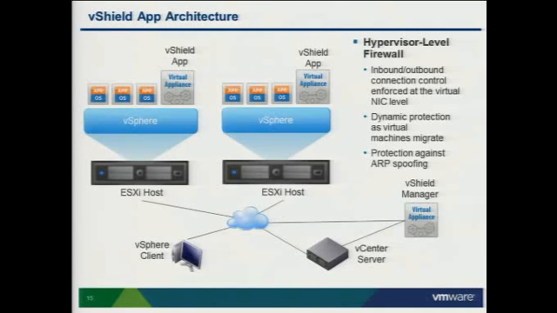So think about that for a second. I've set my security policy once. It doesn't matter where that virtual machine moves in my environment. If I have vShield App installed on my ESX servers, it's going to know about the rules associated with that virtual machine and bring those around.